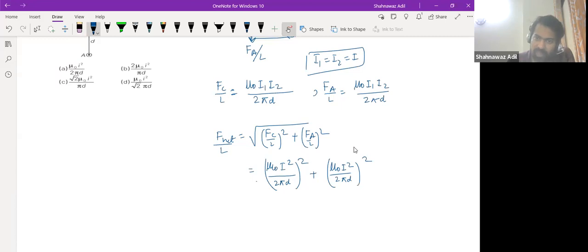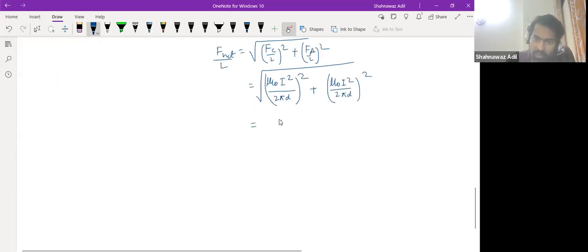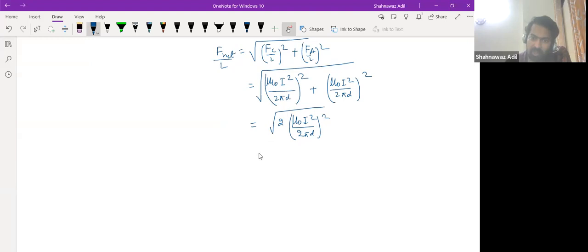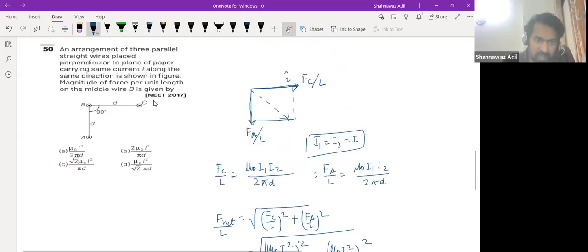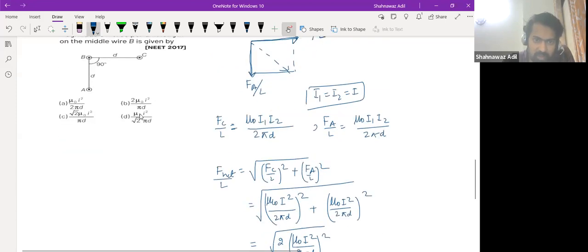Both these values are the same, so we can write this as 2 into (mu naught I square divided by 2 pi d) whole square. We can take the square outside, so this would be root 2 times mu naught I square by 2 pi d. What are the options? Mu naught I square.